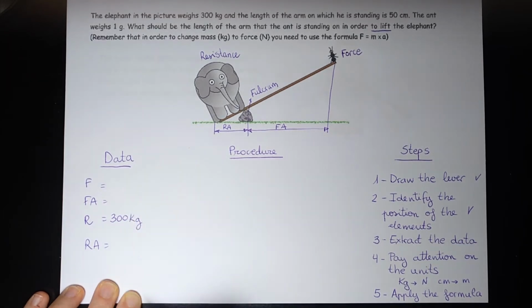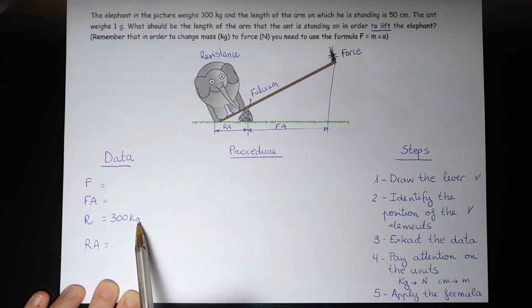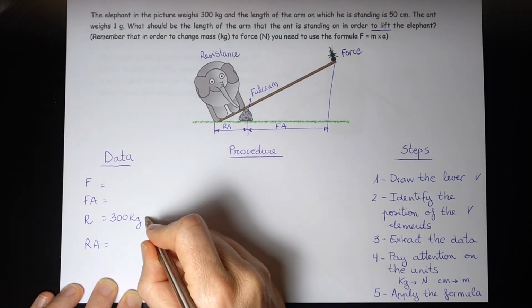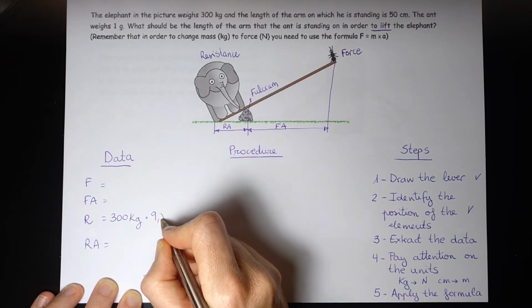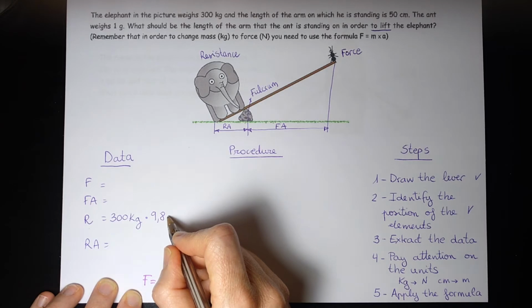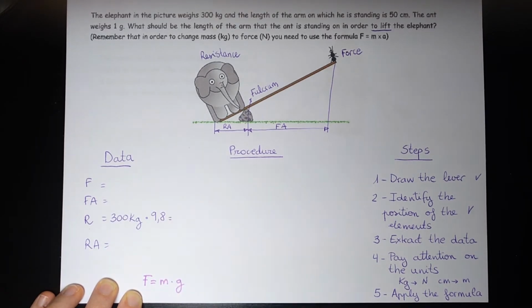But we have a problem. The resistance needs to be expressed in newtons. So we need to use the formula force equals mass times gravity, and gravity is 9.8. So 300 kilos times 9.8 meters per square second is going to be the resistance. Okay, what else?